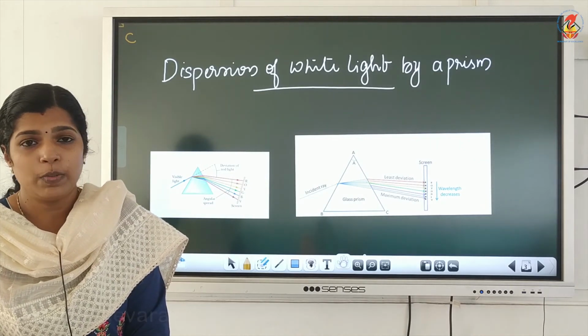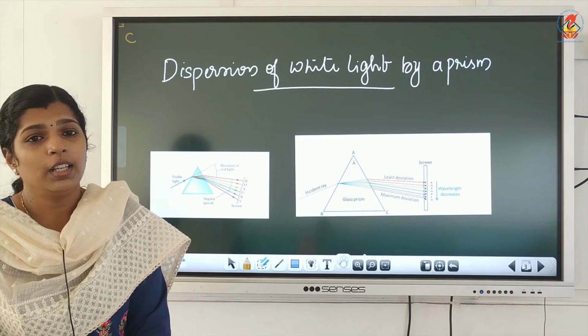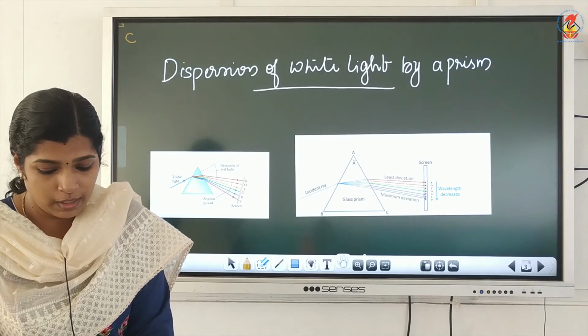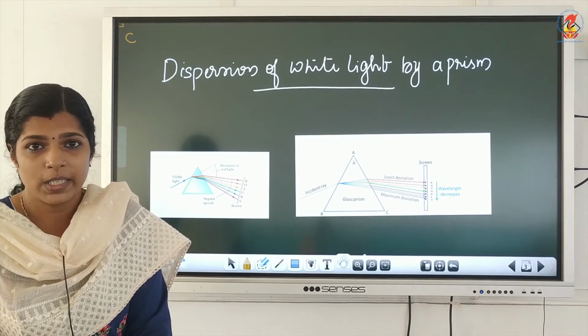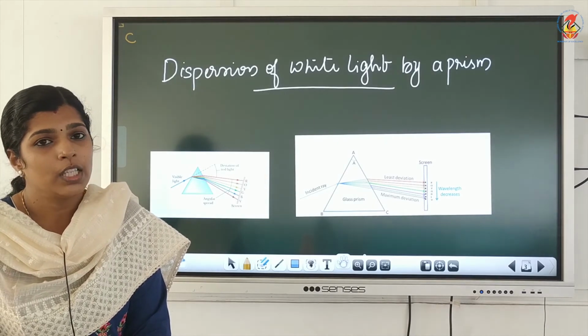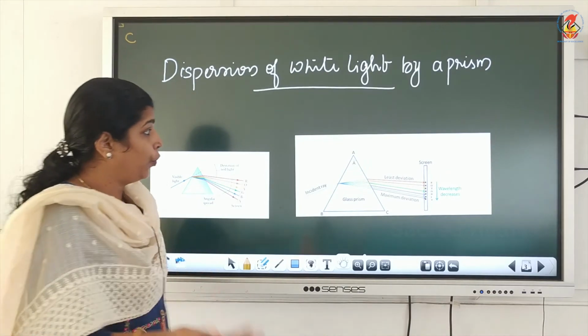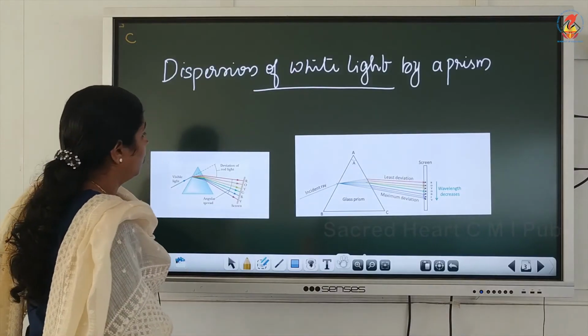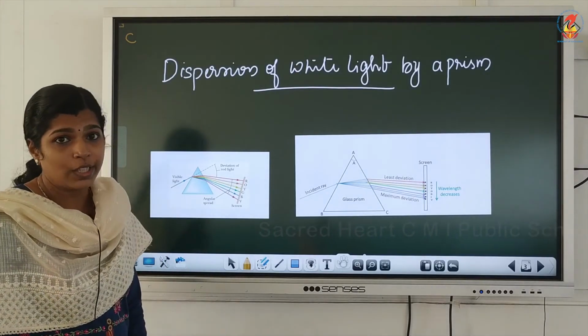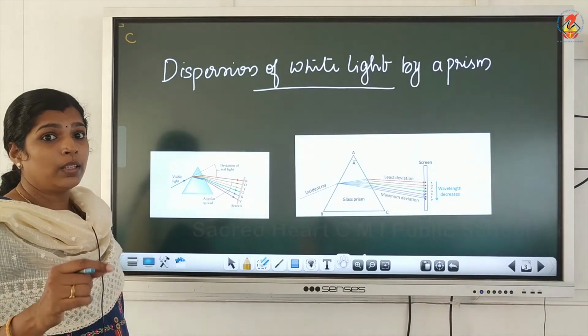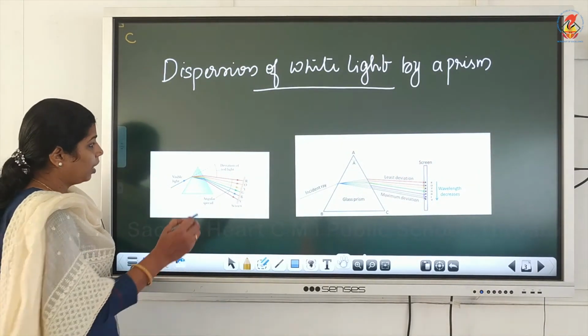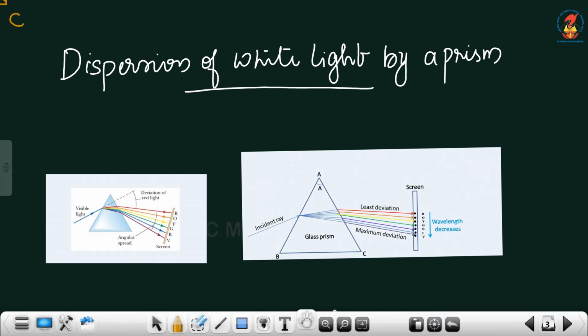The reason for dispersion is that different colors will bend at different angles with respect to the incident ray as they pass through a prism. Here this one is the incident ray.